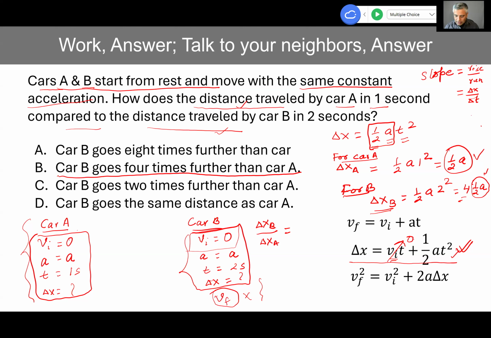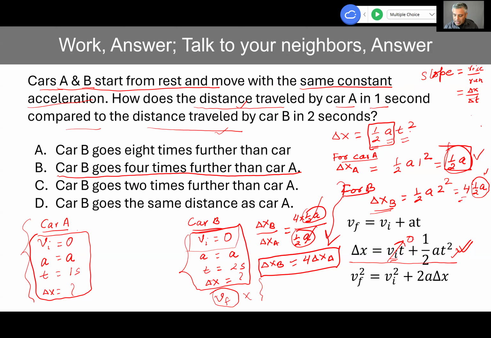For B, this is 4 times half A, and for A, this is simply half times A. You can see the half A cancel, giving you just 4. So that gives you 4 times the displacement of A. You see that?